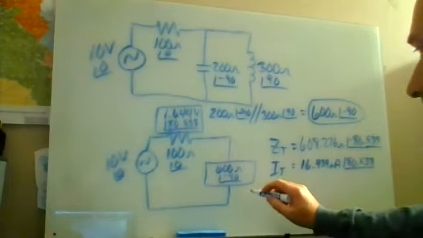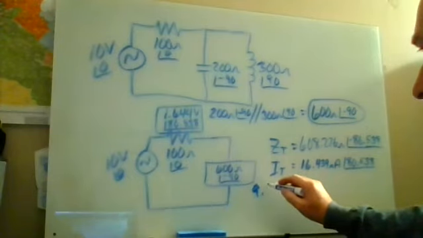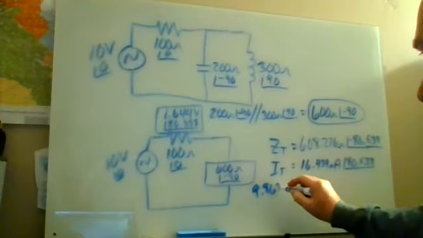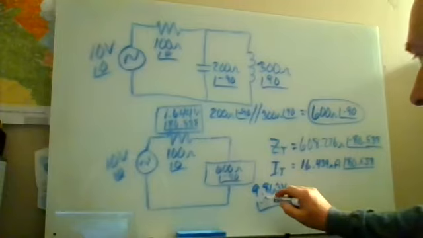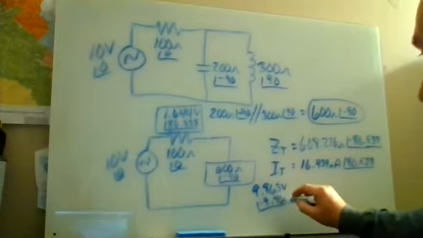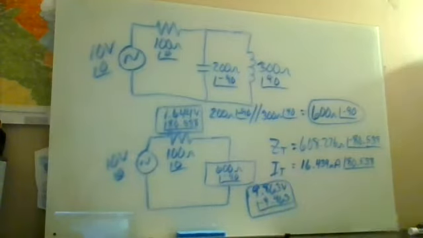Anybody? 9.863 volts and an angle of -9.463. Outstanding. So you should get 9.863, 864, somewhere around there, at an angle of -9.463, 462, 464, somewhere around there, depending on how you round it.